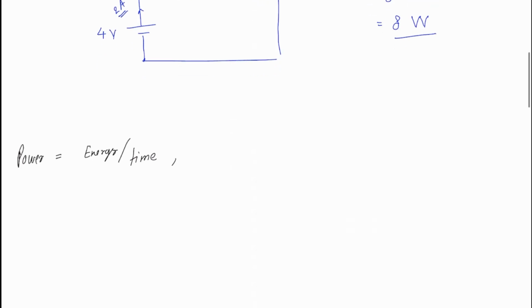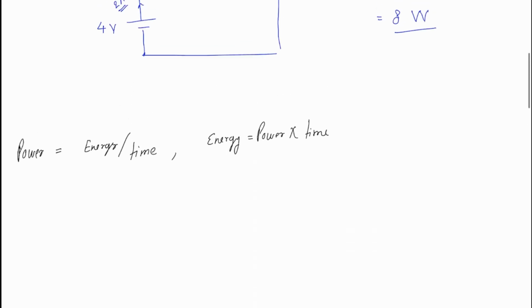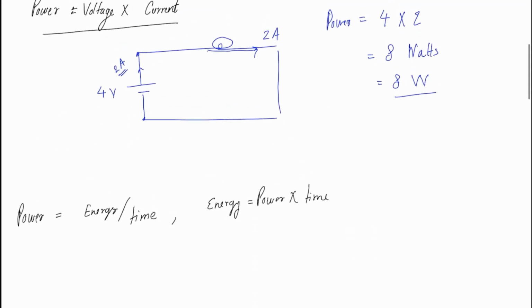Now the second formula you see is power equals energy over time, or energy equals power times time. Imagine this light bulb that you see in the circuit. It has been on for 1 hour.